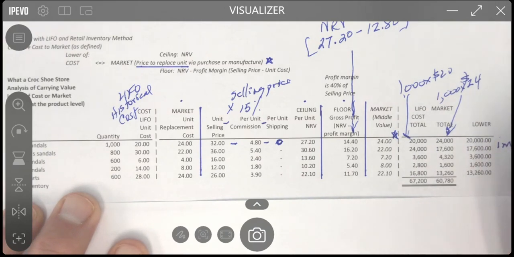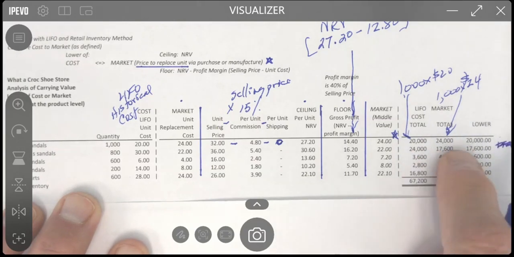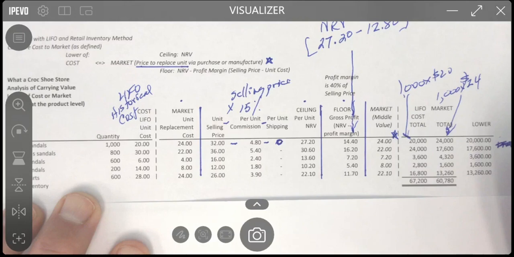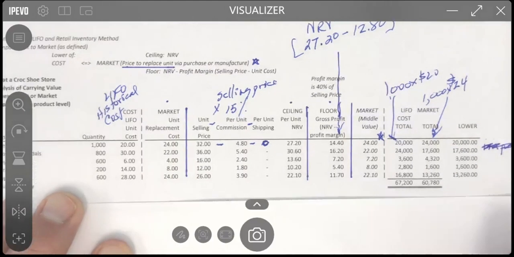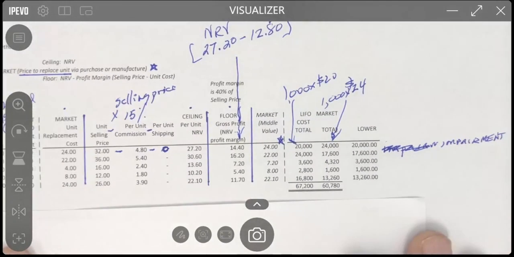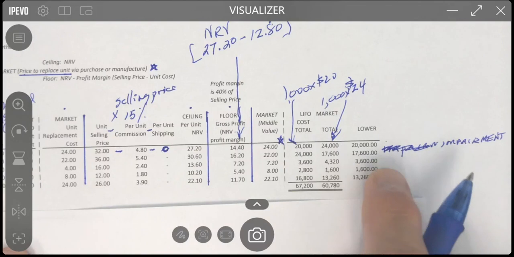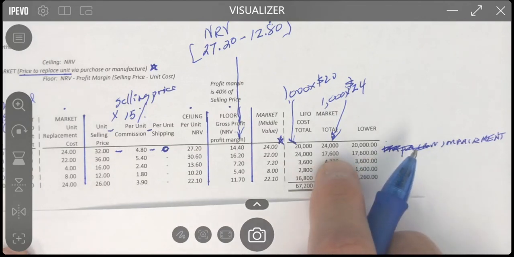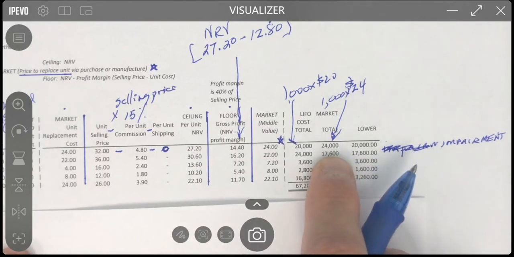Oh, I'm sorry, there is not. The lower of cost or market. Oh, yes, no, there is. I'm sorry. My goodness. There's so much data in these calculations that sometimes this is why you need to really work hard on it to make it make sense. Lower is the 17,600 market value.